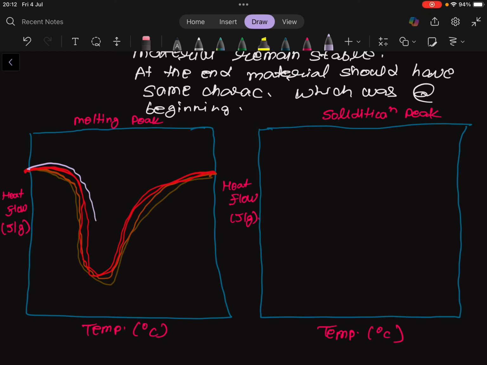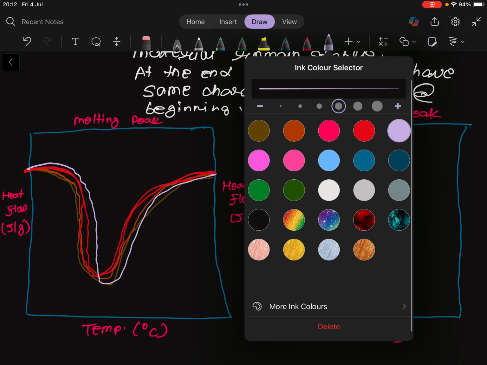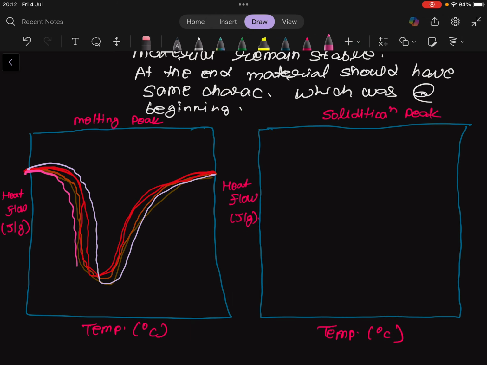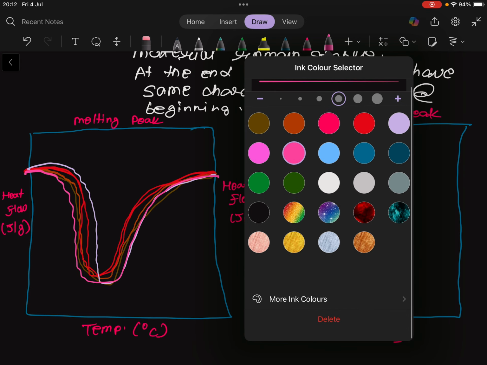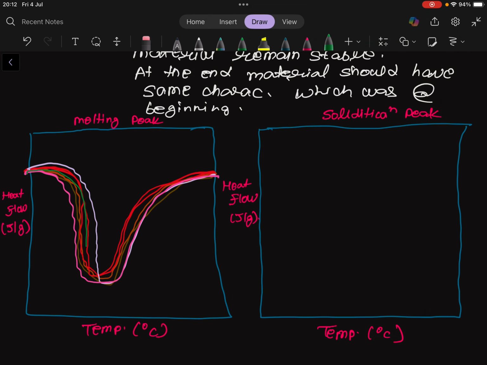For cycle 100, for cycle 104, and for cycle 200 we should have something like this. Okay, enough.